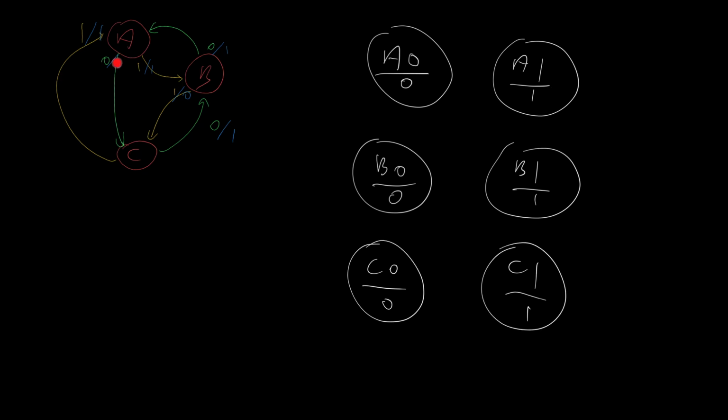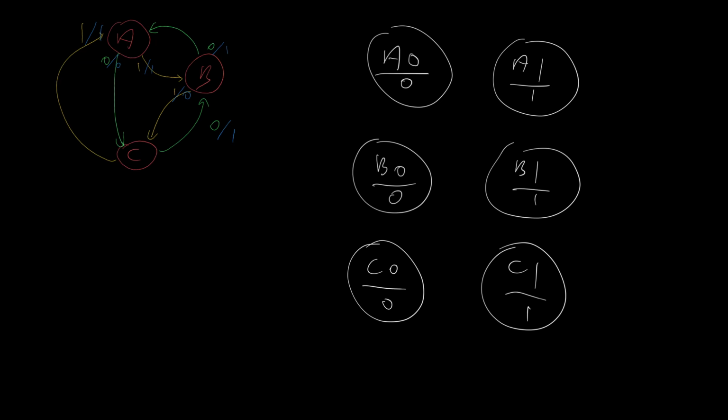Let's look at what happens if the input's a 0 first. So if I'm in state A and I get a 0, I go to state C. So if I'm in state A, either here or here, and I get a 0, I go to state C, but to which C? Well, if I get a 0, then the output should also be a 0 here.